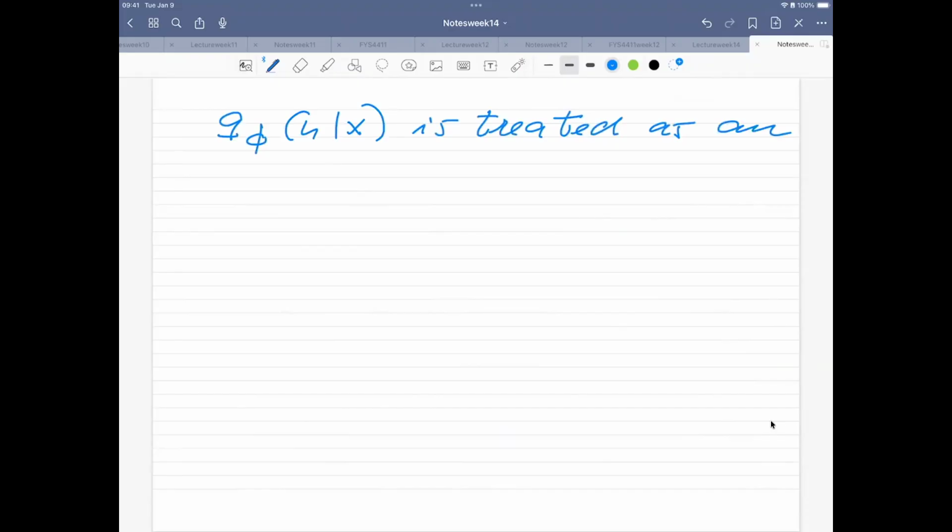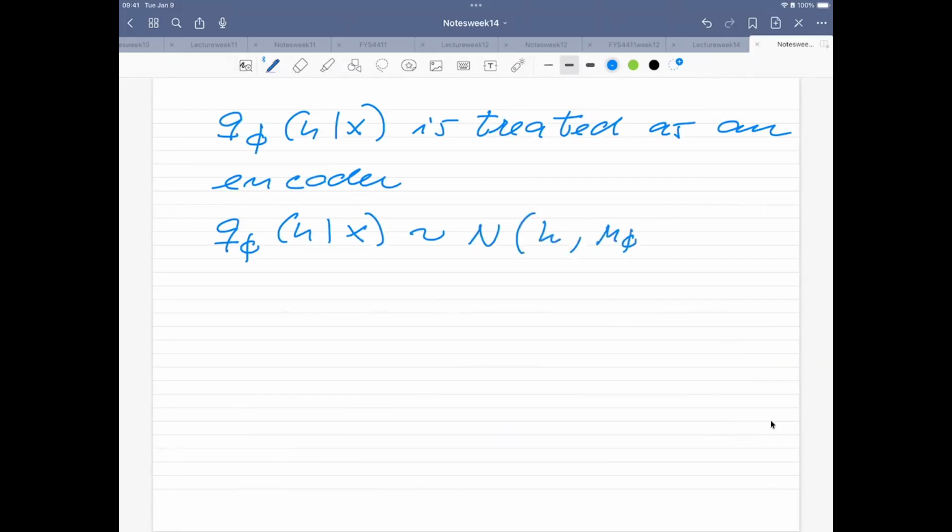And the standard approach, which is used throughout the literature, is that this Q of phi of h given x is proportional to a normal distribution where we have a variable h, and then we have a mu of phi for x, and then we have a sigma, a variance with respect to the phi. So this is normally a multivariate Gaussian.